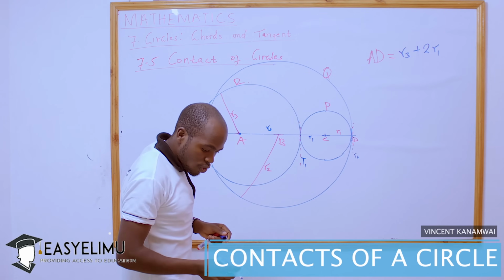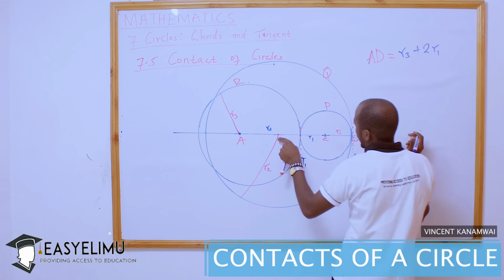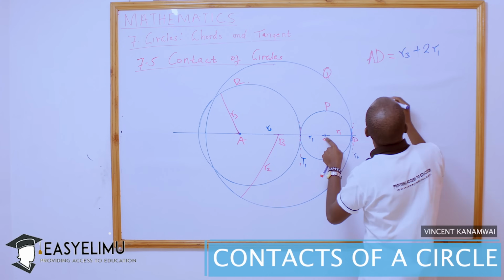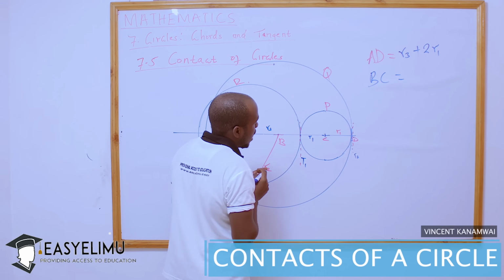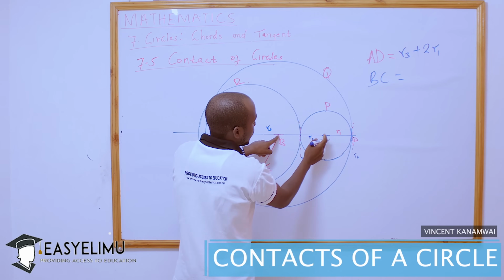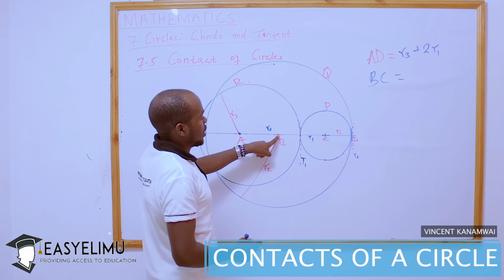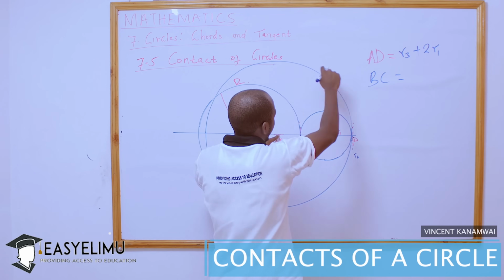So we are going to calculate another one, which is BC, the distance from B to C here. We need to observe it clearly. Actually, this is a larger circle.